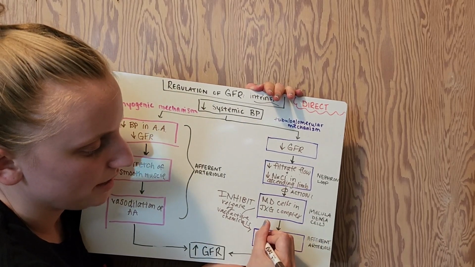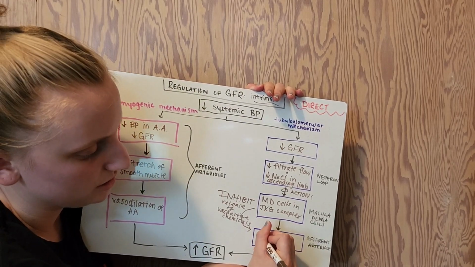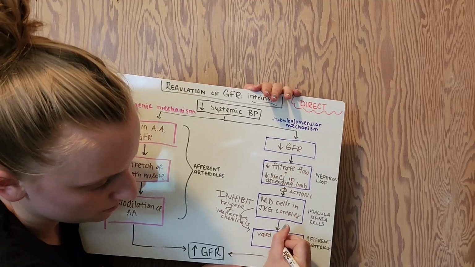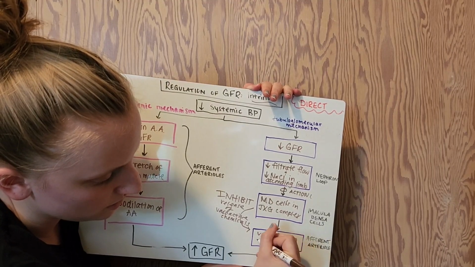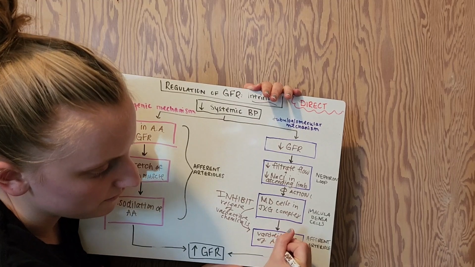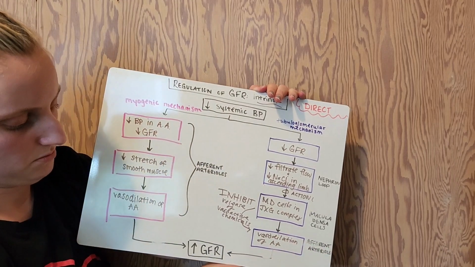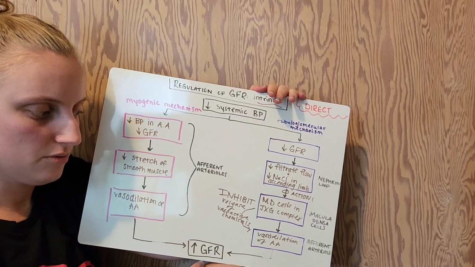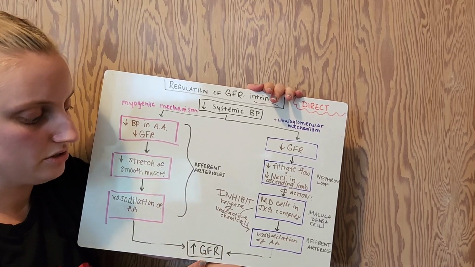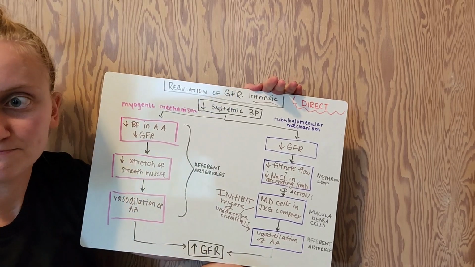Crazy. So we have a vasodilation of our afferent arterioles. Crazy thing how both of these match. They're both the same thing to increase our glomerular filtration rate.